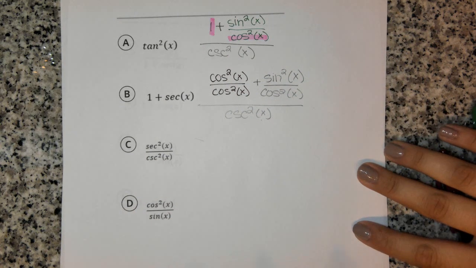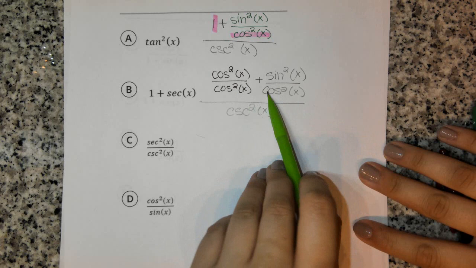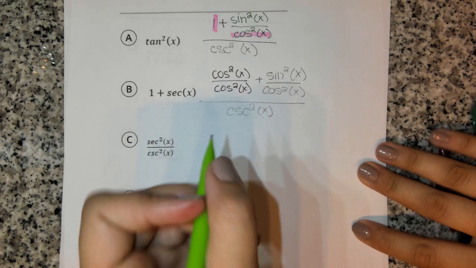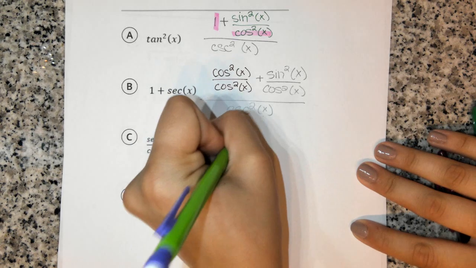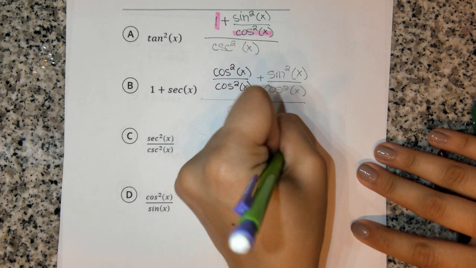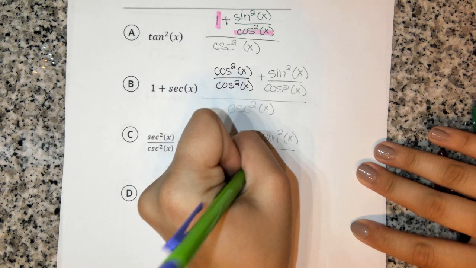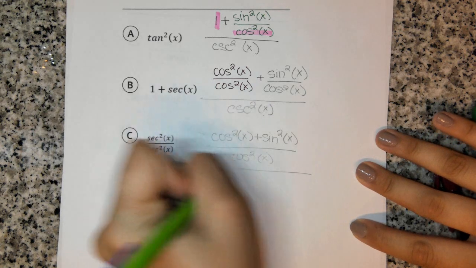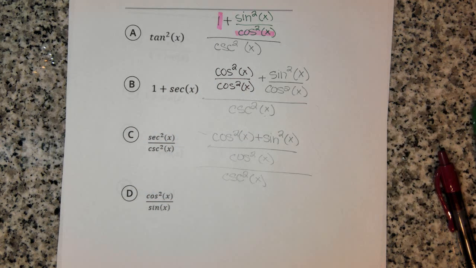I know, it's a lot. Okay, so from here, I'm going to add these. They have a common denominator, so I'm going to add. So I get cosine squared of x plus sine squared of x, all divided by cosine squared of x. And then that is being divided by cosecant squared of x.